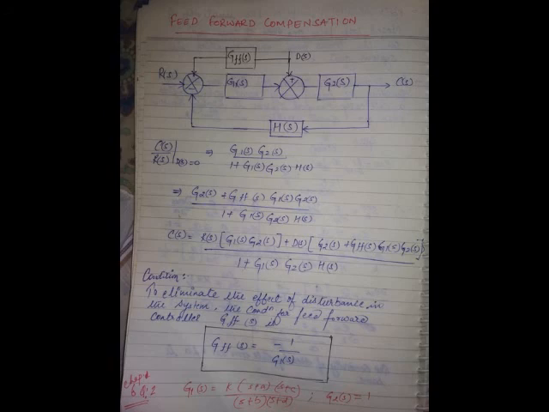Look here, if this is a plus sign, then it will be minus 1 by G1. If there is a minus sign here, what is it? What sign is here? Minus means 1 by G1 is the answer: (S plus B) into (S plus D) divided by K into (S plus A) into (S plus C). This is the answer for this problem.